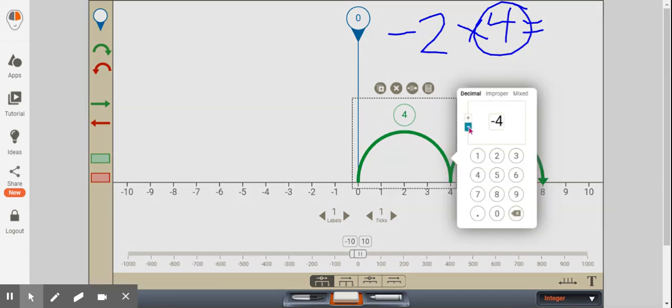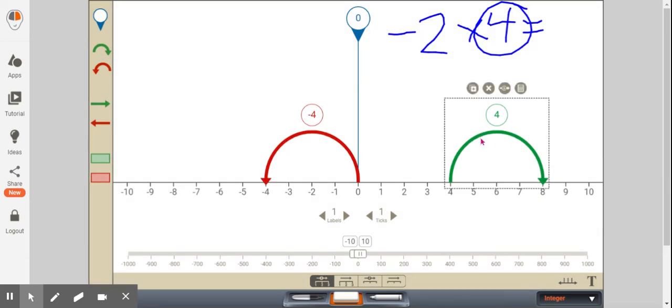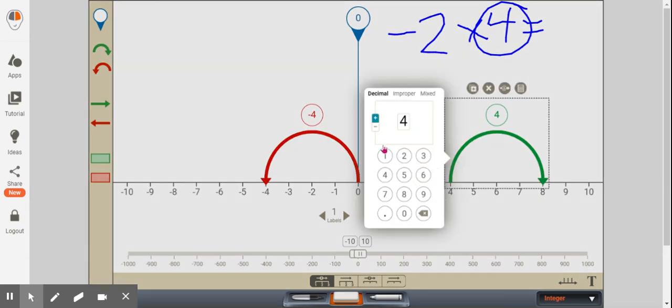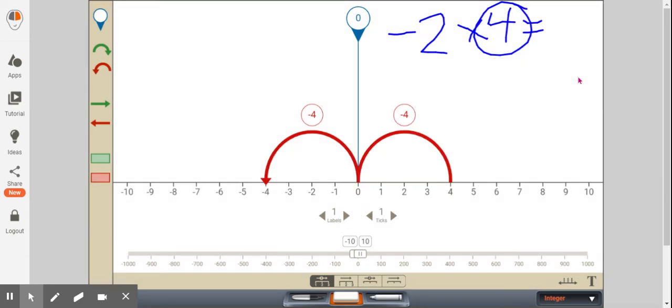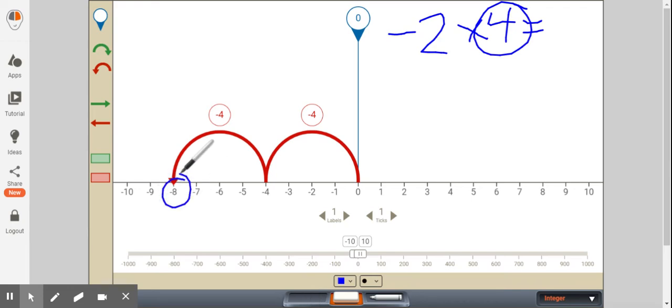So what it's really saying is you have to switch these groups to be the opposite. And so if you have 2 negative groups of 4 positives, what you really have is, again, negative 8.